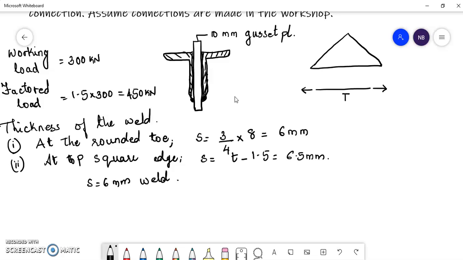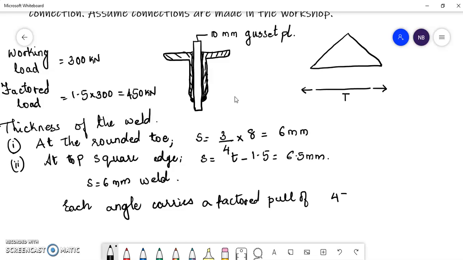Each angle carries a factored pull of 450 divided by 2, that is 225 kilonewton.